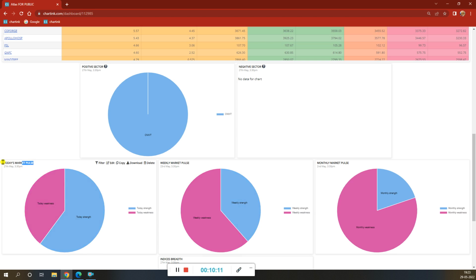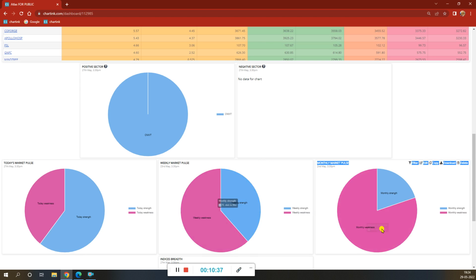Similarly, this is today's market pulse, this is weekly market pulse, this is monthly market pulse. Now look at this, understand how it works. When we are trying to analyze the market for today, simultaneously at one glance we can look at what is the pulse weekly, what is the pulse monthly.